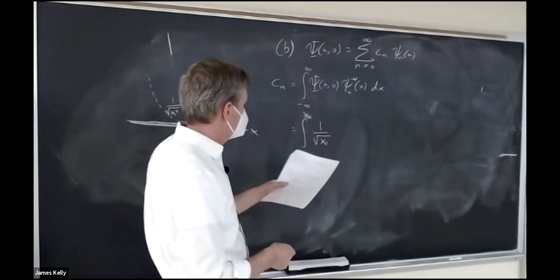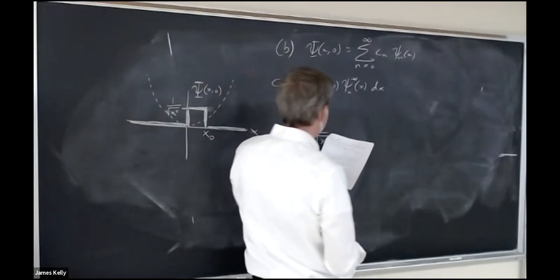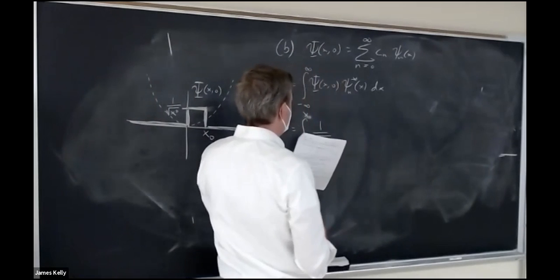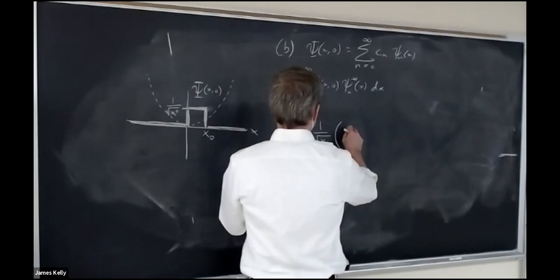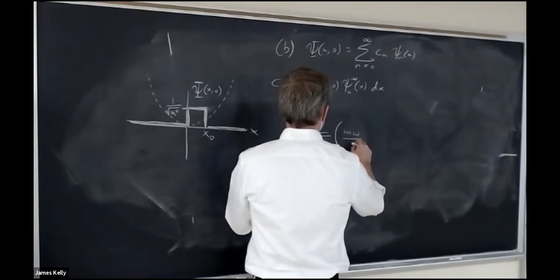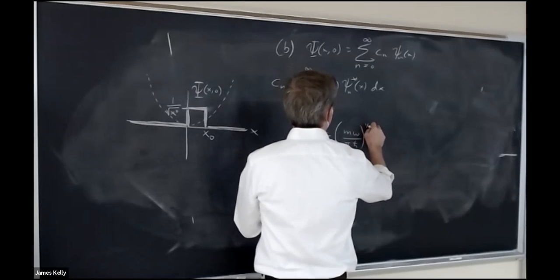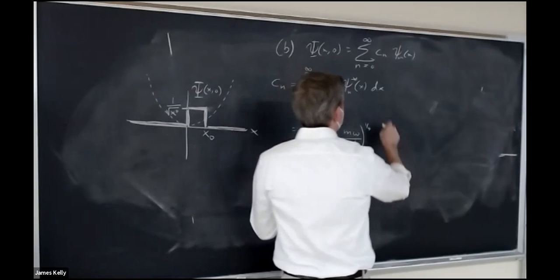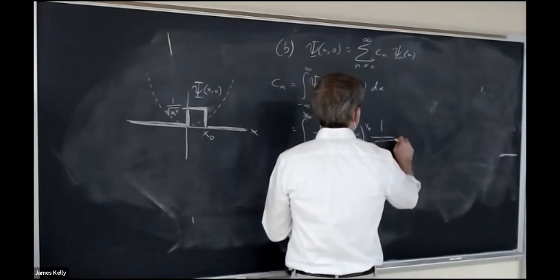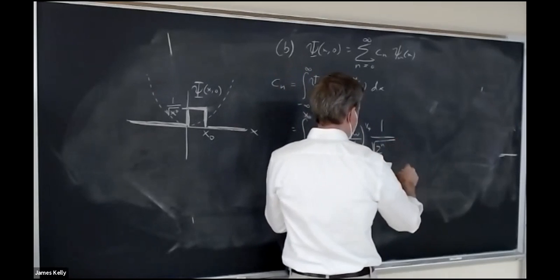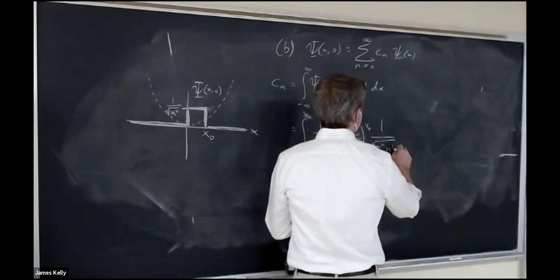Now I just got to put that next to psi n, which is kind of a mess. So that has an m omega over pi h bar to the 1/4 times 1 over the square root of 2 to the n times n factorial.